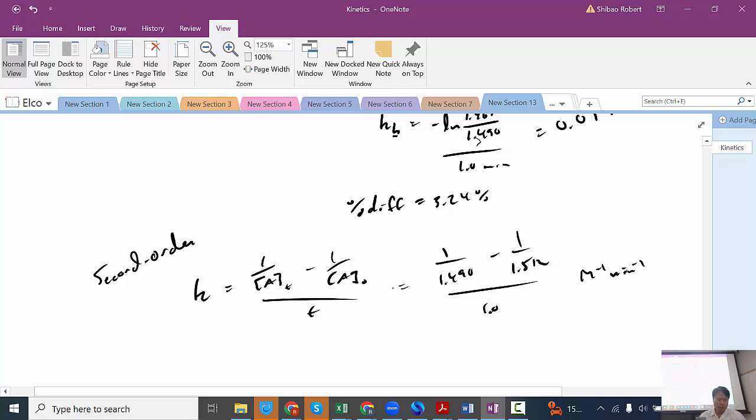So I do 1.49 invert minus 1.512 invert, equals, and I get 0.4438. This is Ka. Molar to the minus 1, minutes to the minus 1.